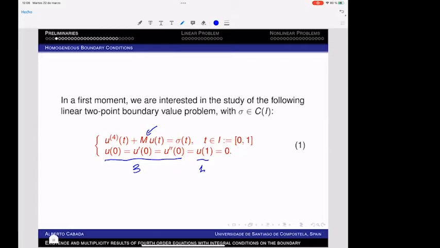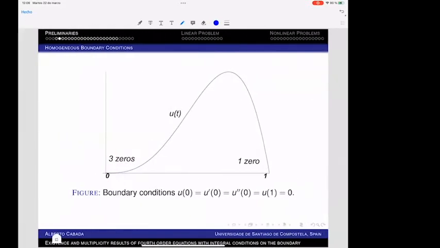This fourth-order equation, for any continuous function sigma, of course it may be in L1. So we are looking for one solution with this idea: three conditions on the left, one on the right, and we are looking for u of constant sign, positive or negative.